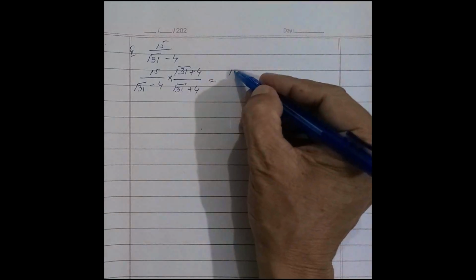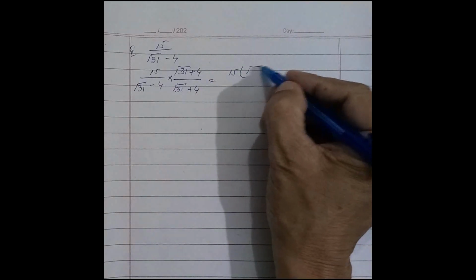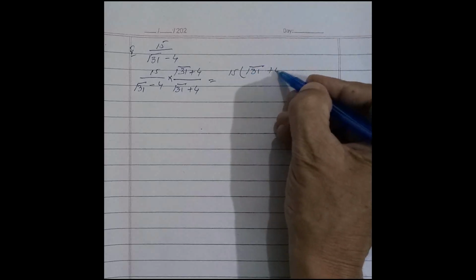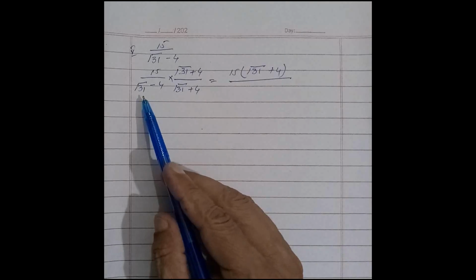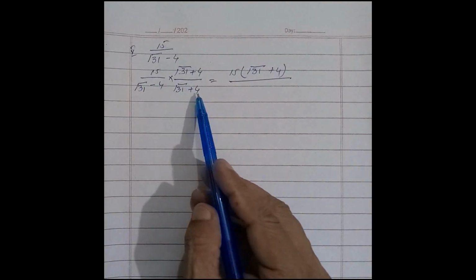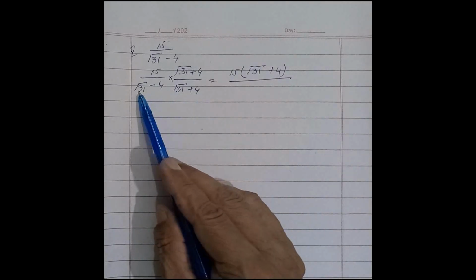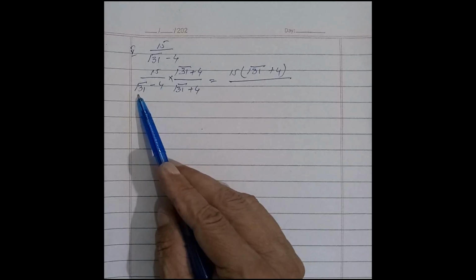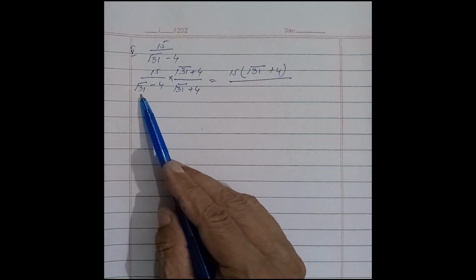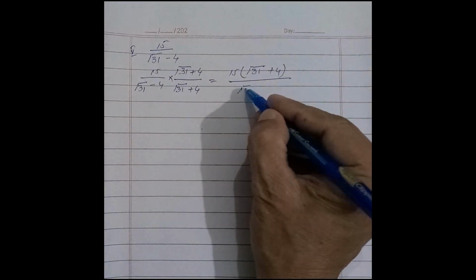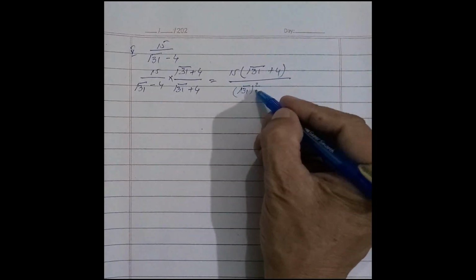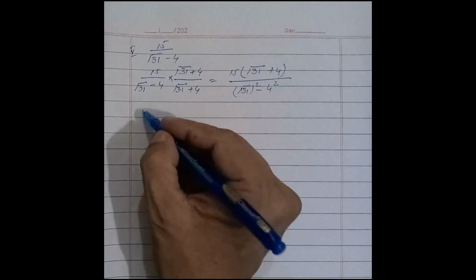The answer is 15 into square root 31 plus 4, and in the denominator we have a minus b into a plus b. The answer is a square minus b square. Here in this question a is square root 31 and b is 4. So square root 31 whole square minus 4 whole square.